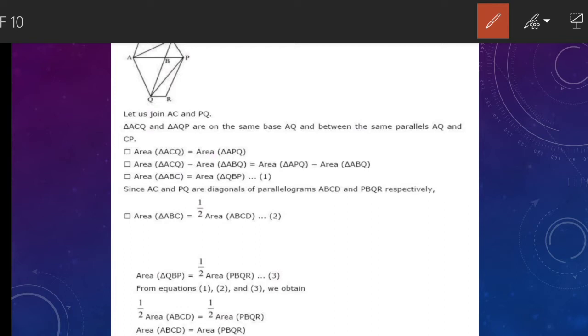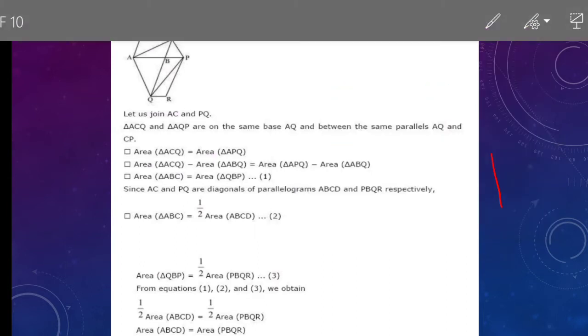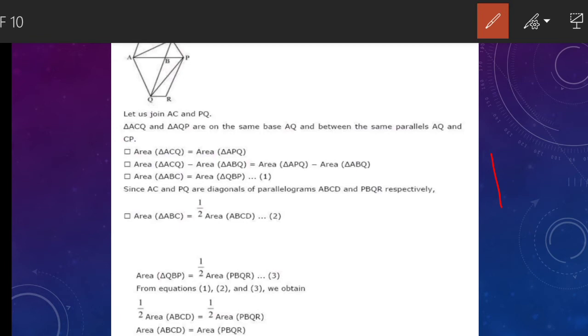So the triangles are like this: ACQ is one triangle and APQ is the other triangle.